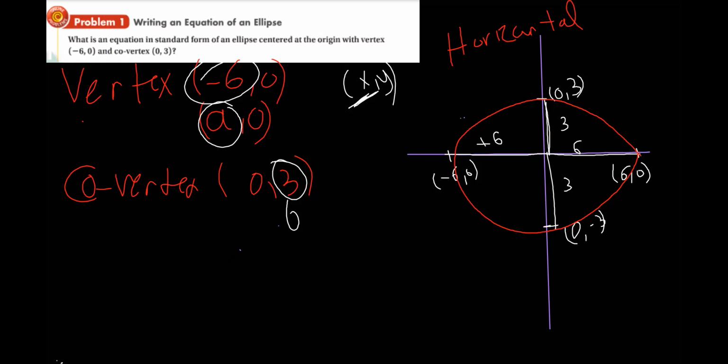Okay, so by now I can know if I'm talking about horizontal or vertical.